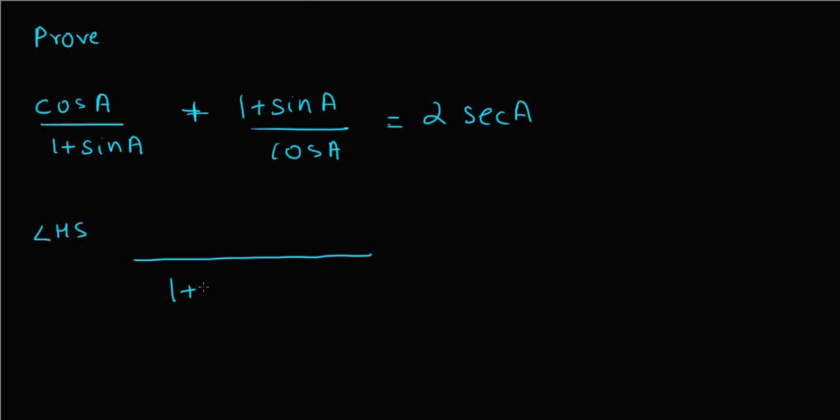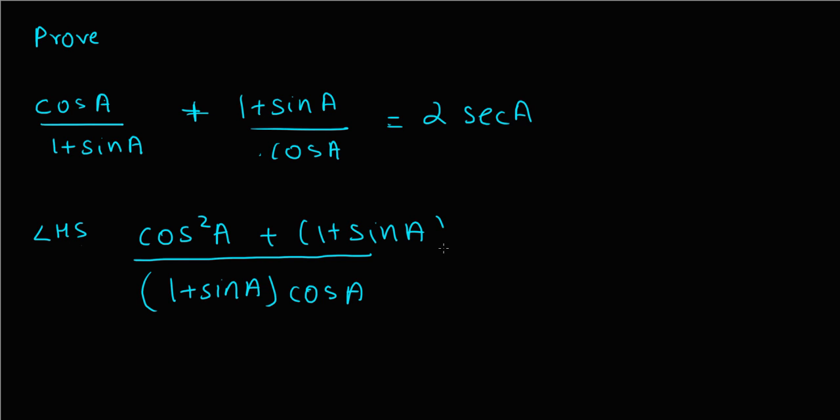LCM would be 1 plus sine A into cos A. So this term will be multiplied with cos A, and this term would be multiplied by 1 plus sine A. So already there was a cos A, so when it's again multiplied with cos A, it becomes cos square A. There was already a 1 plus sine A, so when it's multiplied with 1 plus sine A again, it becomes (1 plus sine A) whole square.